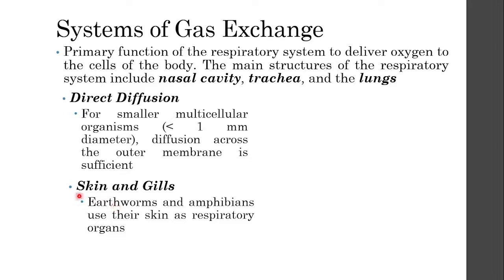Kumbaga, kapag nahanginan sila, yung mga oxygen na nandun sa air na naghahangin sa kanila, it diffuses inside their body. And then the circulatory system that is found just right below the surface of their skin catches those oxygen, which then is used to oxygenate the cells throughout their body.